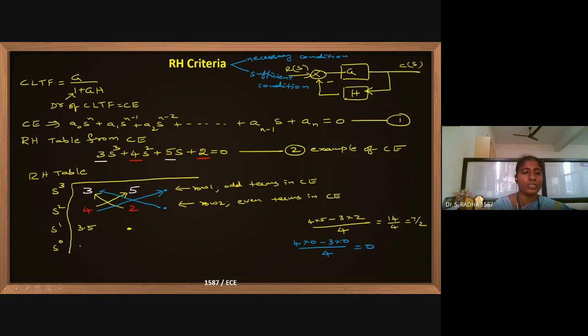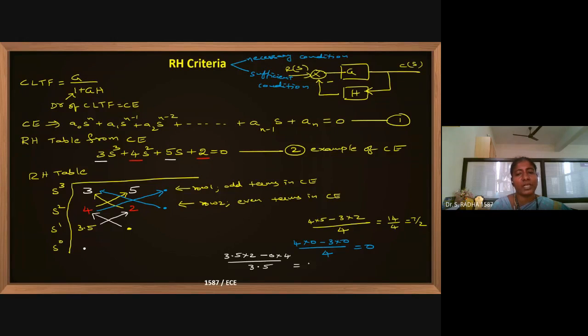Now I am going to the S power 0 row. I have to use the previous 2 rows to calculate the value here. So 3.5 into 2 minus 0 into 4, divided by 3.5.